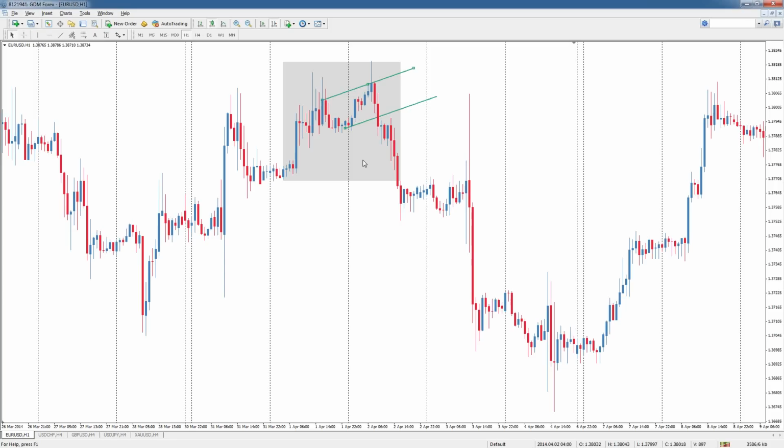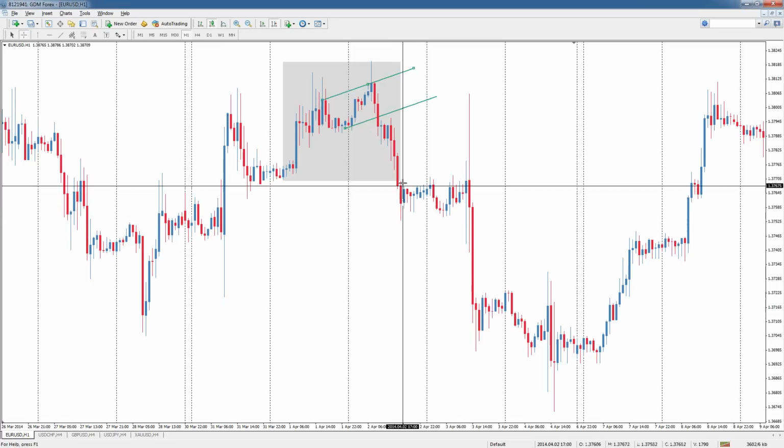Now, the way this works is the distance between the neckline and the two peaks is what we can consider our target here. I'm going to use the crosshair to measure it. There we go. That's essentially 15 pips.